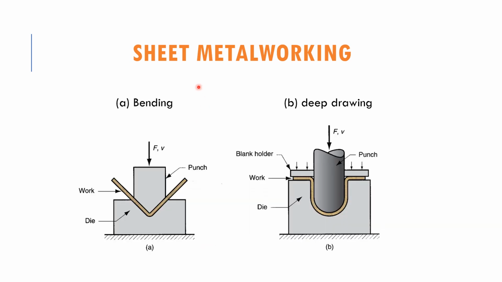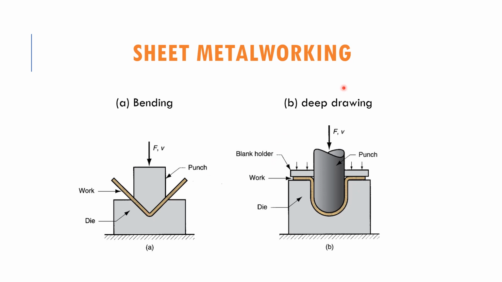So here are some examples of the operations under sheet metal working. So A is bending. If you can see here, this is the sheet metal that is being punched using this punch, and then it will follow the shape of the die here. So then the work material is bent into this shape.